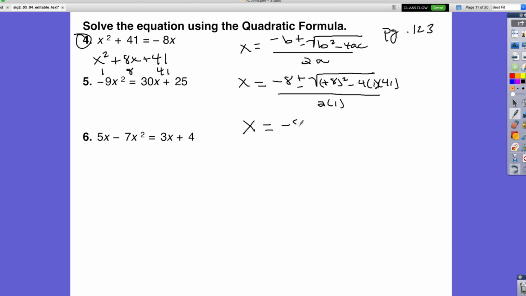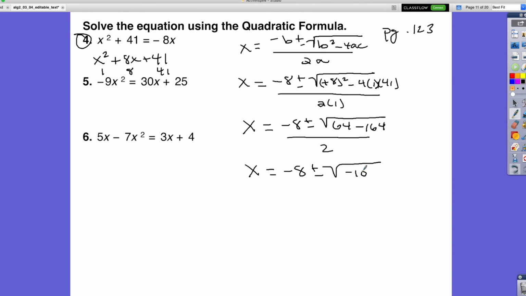X equals -8 plus or minus the square root of 64 minus 164 all over 2. X equals -8 plus or minus the square root of -100. Oh, there's going to be an imaginary solution there. X equals -8 plus or minus, simplify that, becomes 10i all over 2.